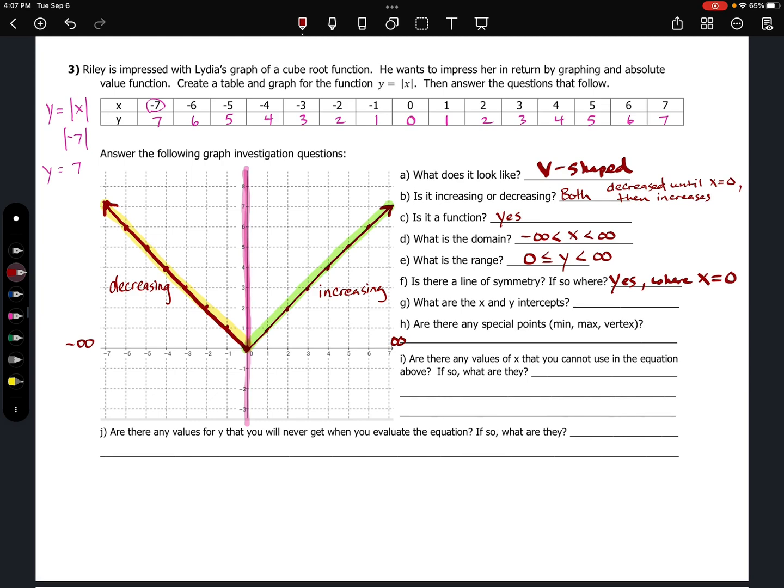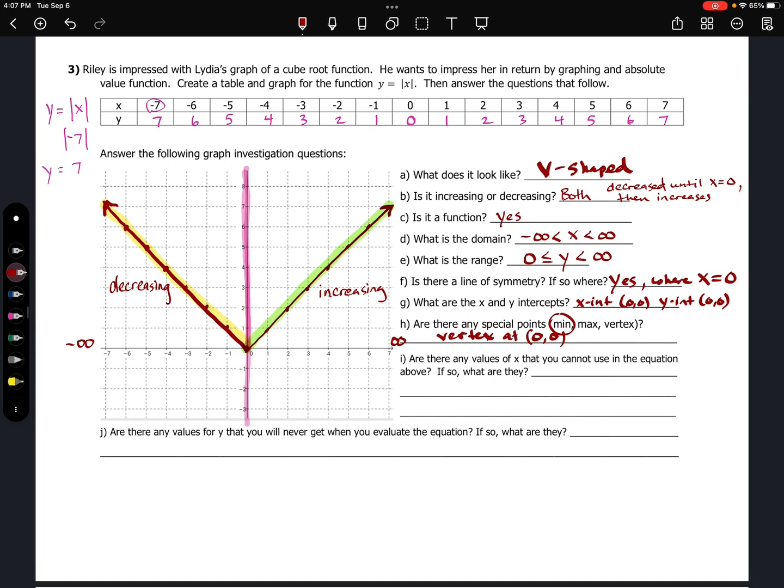In this case, it's like that first one we have there where the x-intercept is 0, 0, and the y-intercept is also 0, 0. Are there any special points? Well, we have a vertex at 0, 0. And that would also be a min, right? That would also be a minimum value because it's the bottom point.